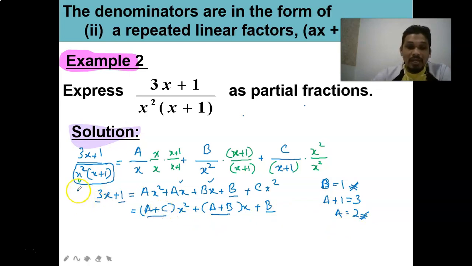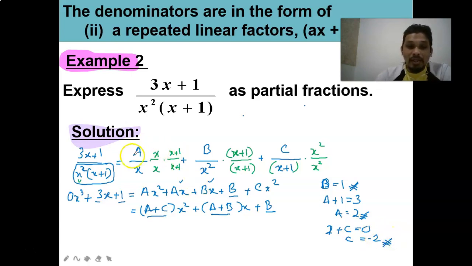Do you find any term of x cubed here? So we assume that this is 0 x cubed. So a plus c, with a equal to 2, 2 plus c equal to 0, then c equal to negative 2.